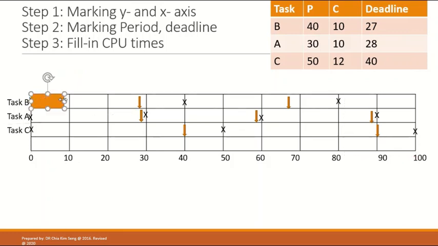This one is 10. Now we assume that the release time is 0. So we settle the first task, fitting them in from the highest to the lowest priority task.